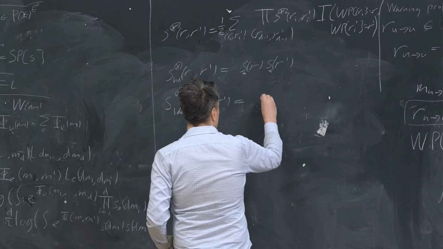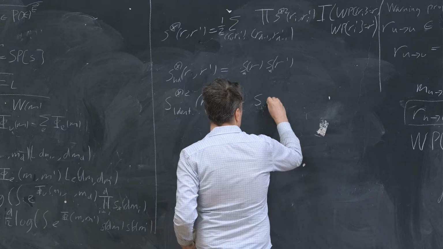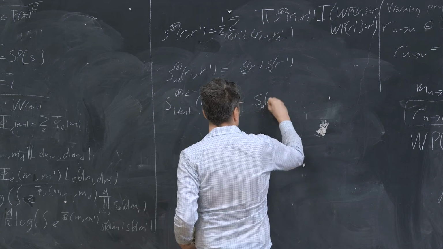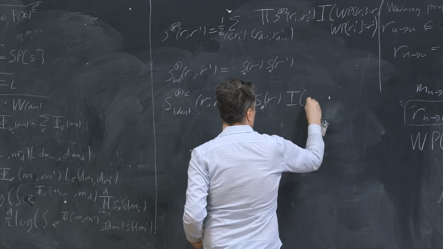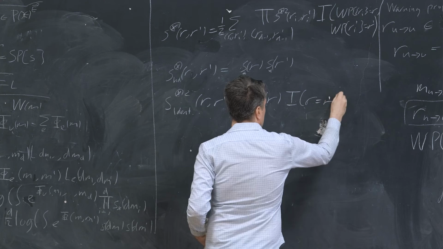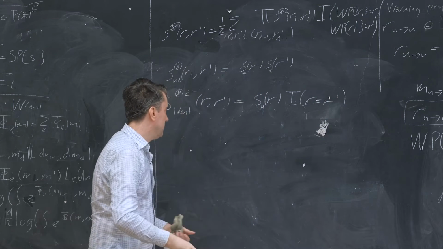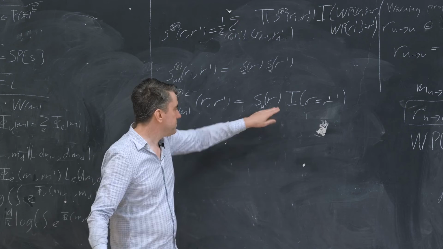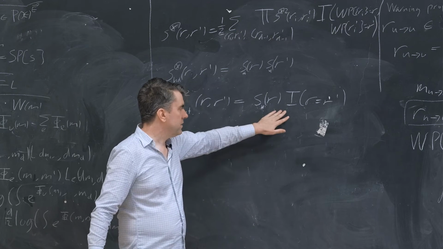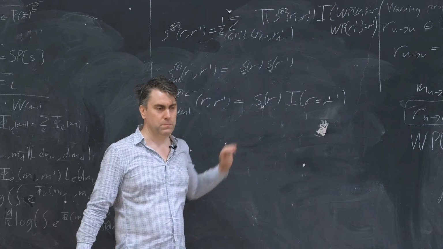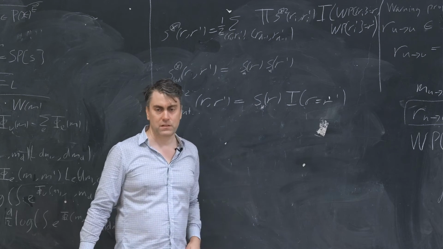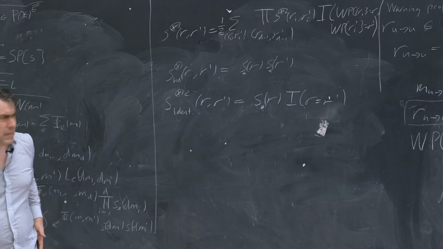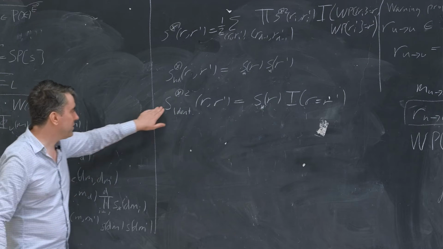So it's just S star of R, times the indicator that R equals R prime. So the 2 copies are exactly the same, and this is a fixed point of the equations as well.